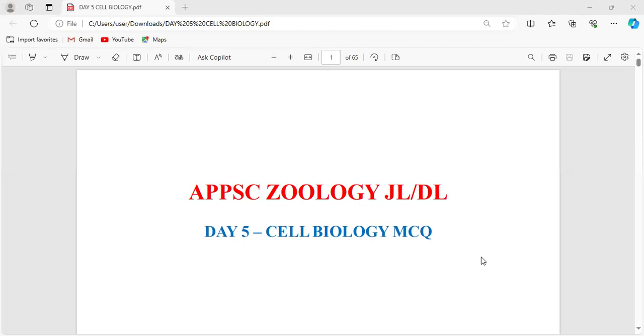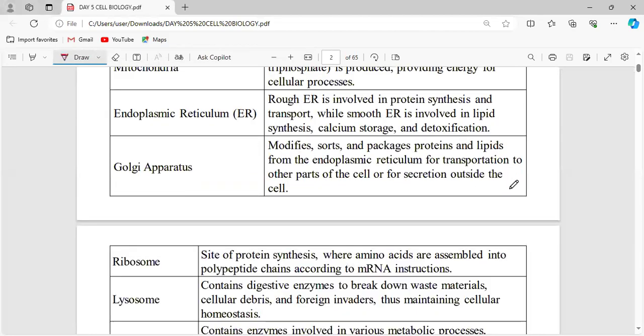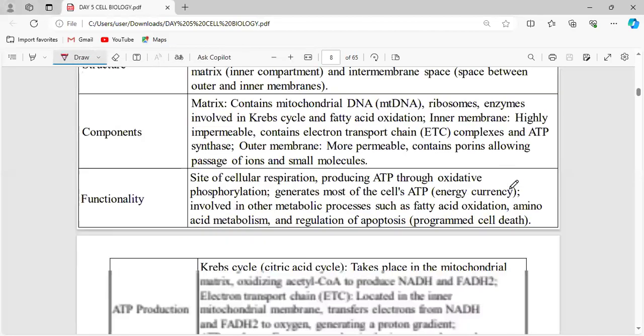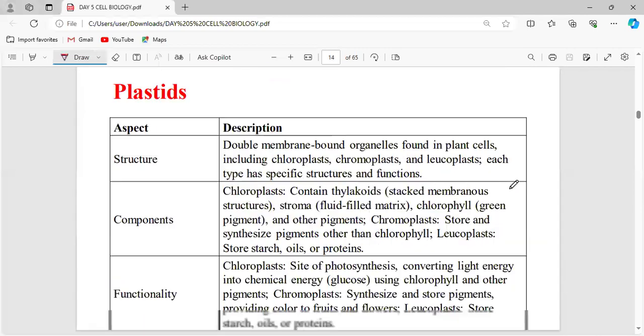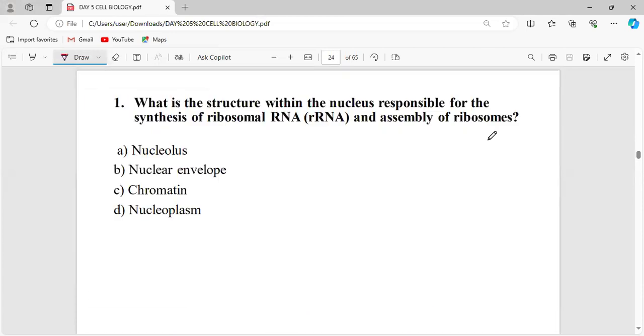And for today, your first question is, here's a list of cellular organelles and their function. After recalling all these questions, I'm going to explain those topics. Those tabular columns are very important.